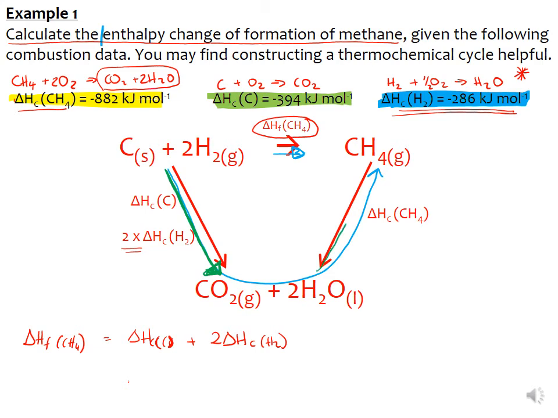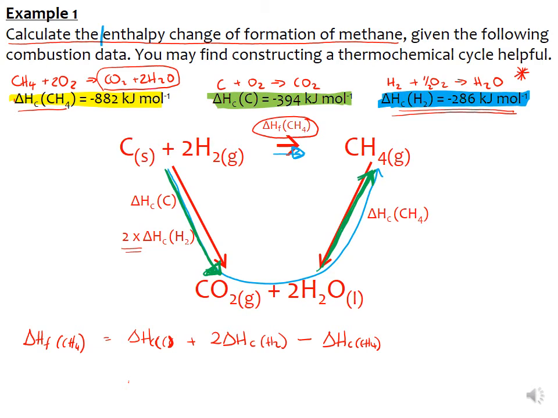Then we come up the other side of the arrow, and we're now going in the opposite direction to the arrow that's actually there. So what we're going to be doing then is taking away the value of delta HC for methane.